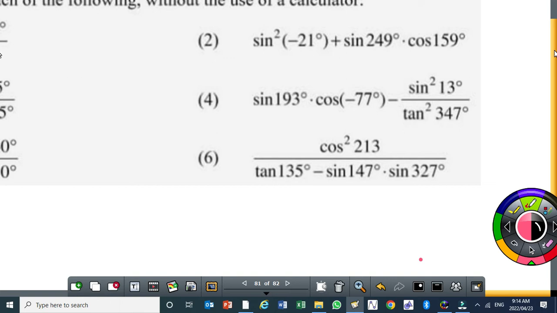So make sure you are up to date with everything. Don't wait until it's too late. Normally, we should spend about a full month plus doing trigonometry. And the trig in grade 11 is the backbone of matric. If you understand it now, next year you will find your trig very easy.